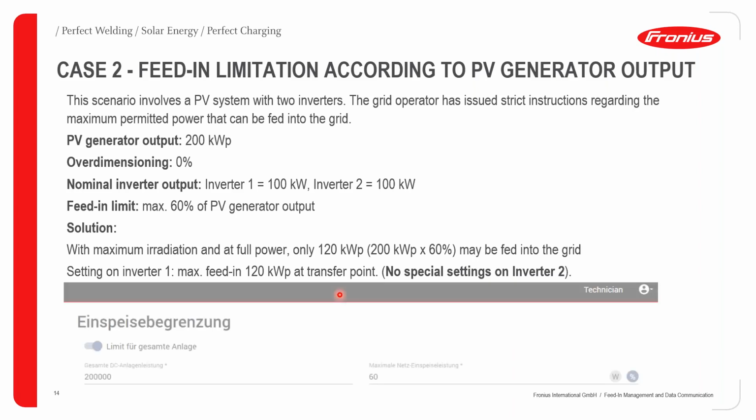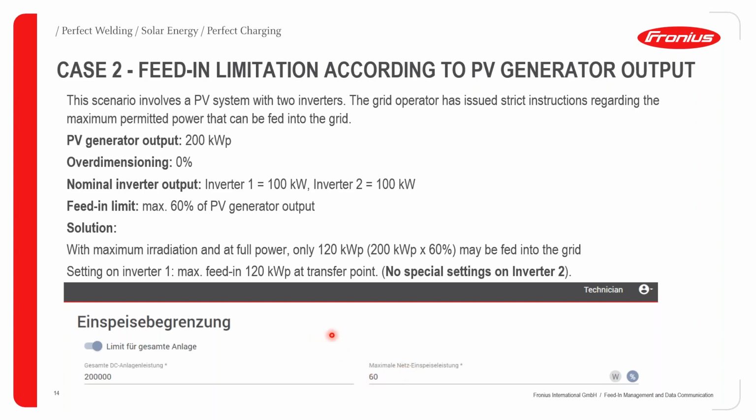To make this clearer, we have it represented in a screenshot of settings in the Tauro setting. As you can see, pardon, it's actually in German, but this basically means feed-in limitation. We can see that for this instance, we have 200 kilowatts, and the maximum feed-in value has been set at 60%.